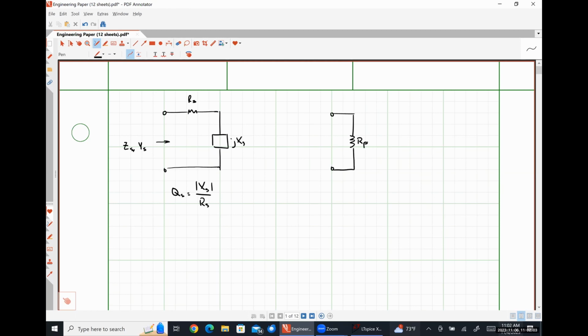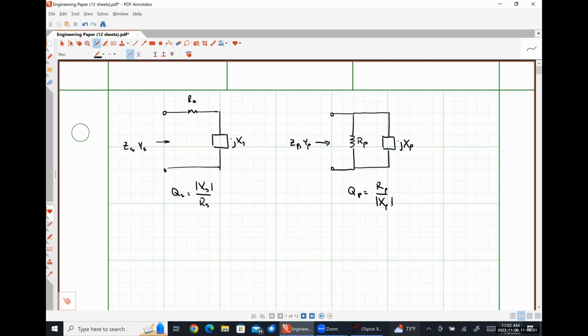So let's call this R sub P in parallel with jX sub P. And looking in for Z_P and Y_P, our Q factor is R_P divided by the magnitude of X_P.